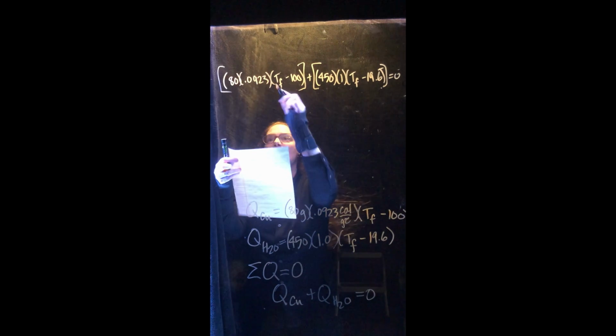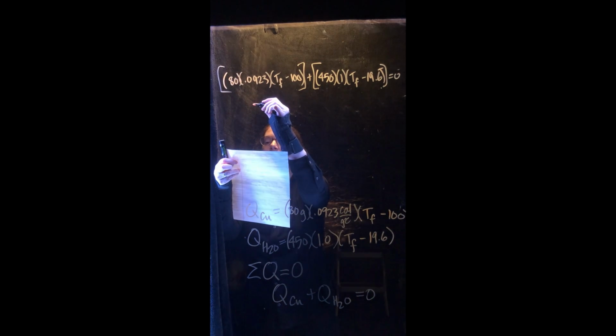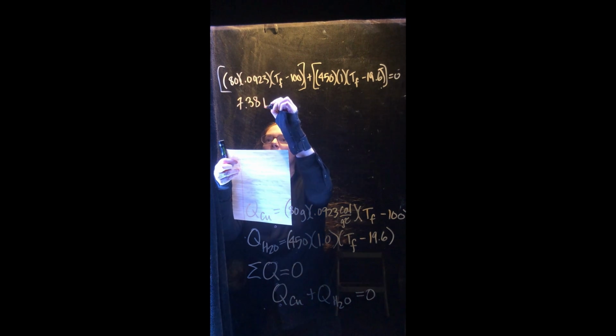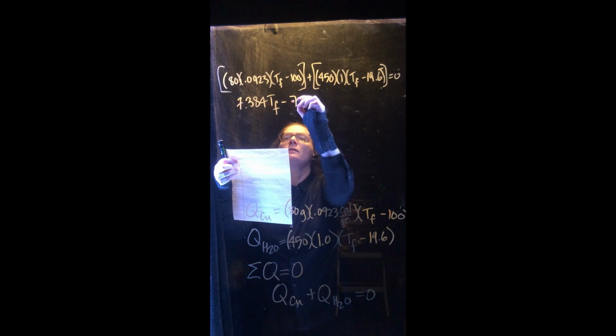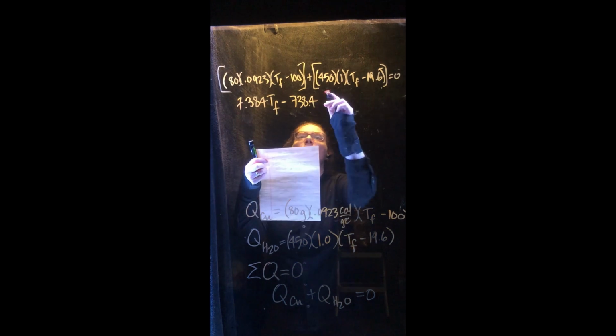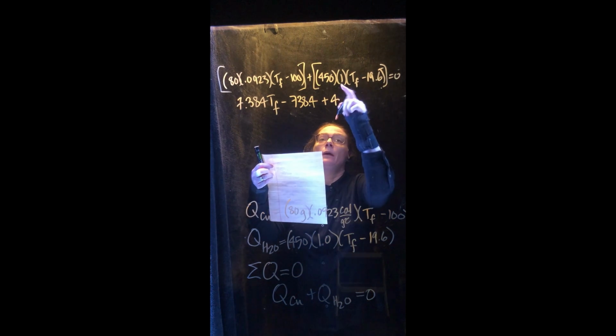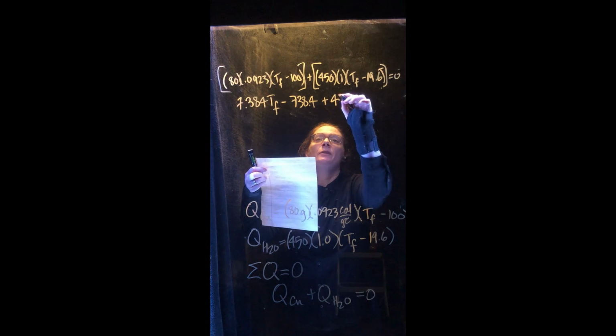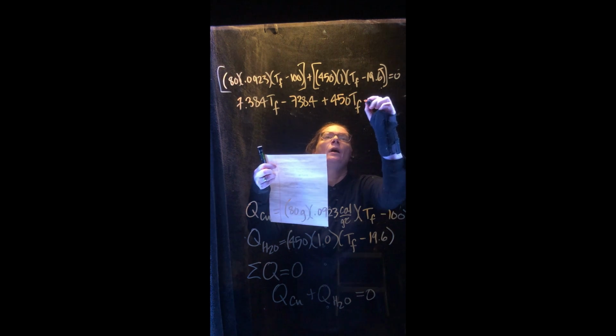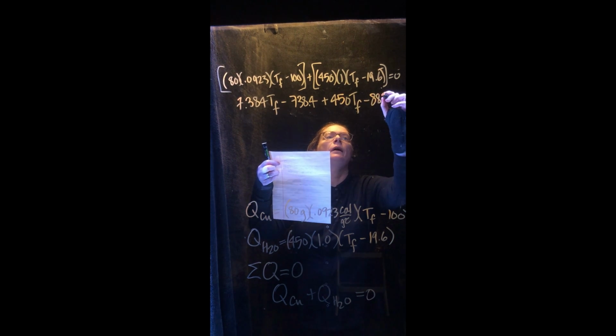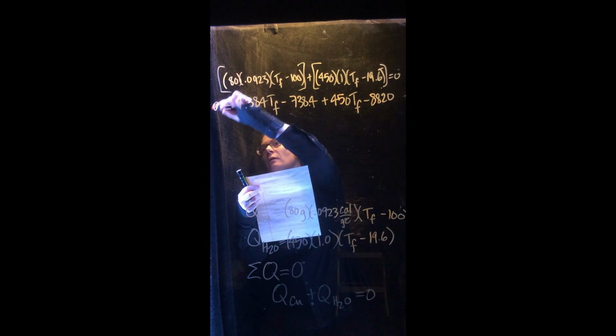So 80 times 0.0923 times T final becomes 7.384 T final. And then that minus 738.4 plus, I can do that one in my head, 450 times 1 times T final. Minus 450 times 1 times 19.6, 8820. Okay, I'm going to put the 0 over here.